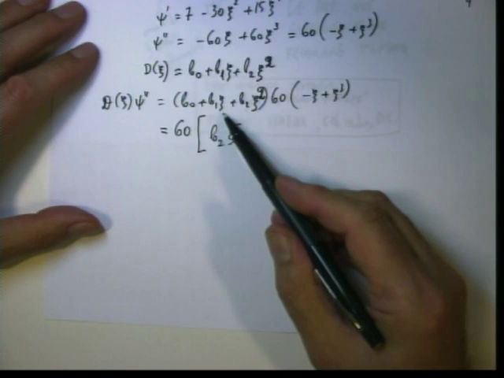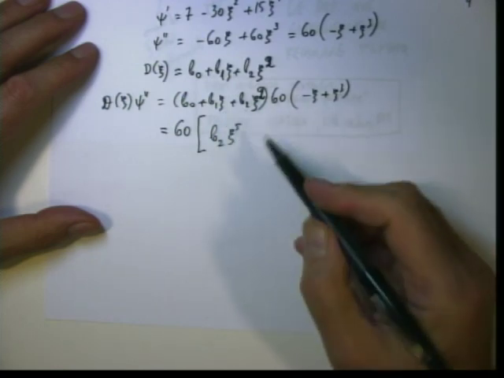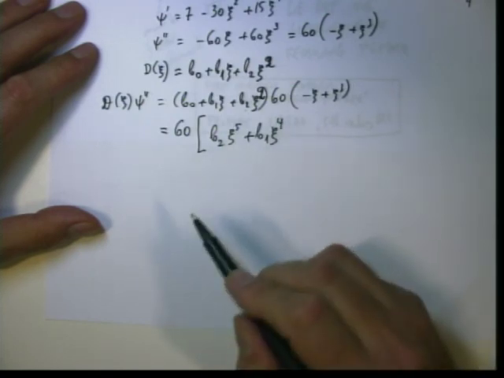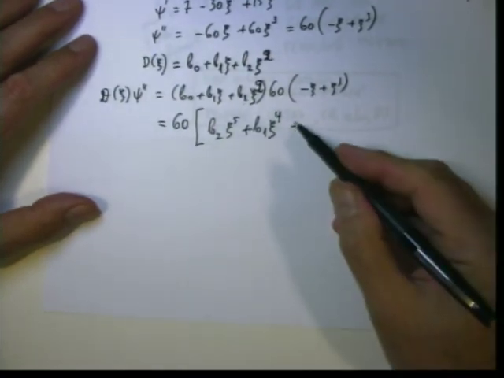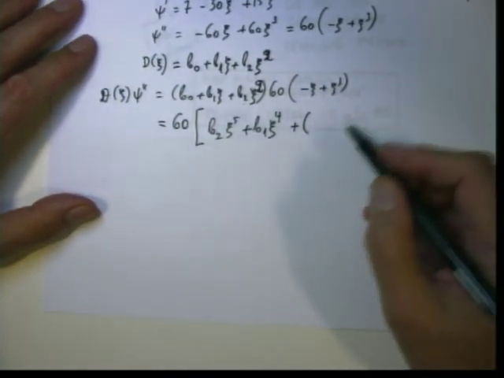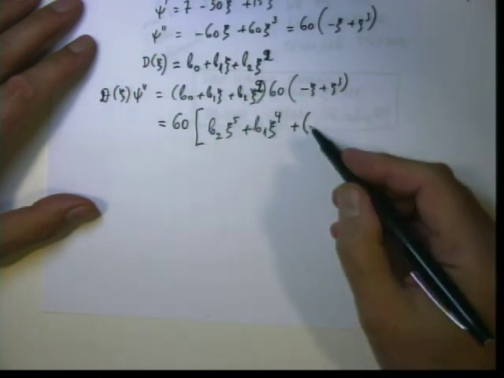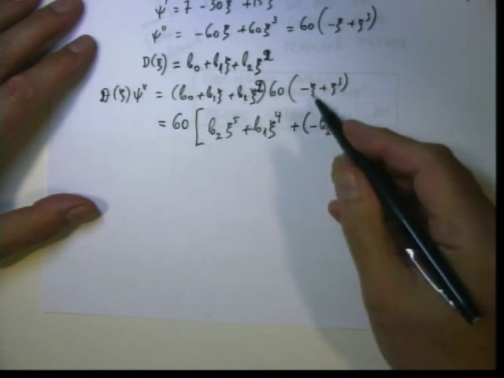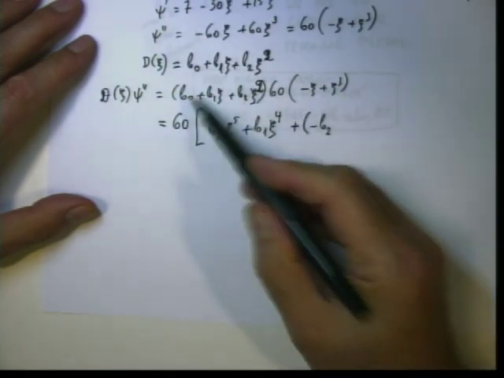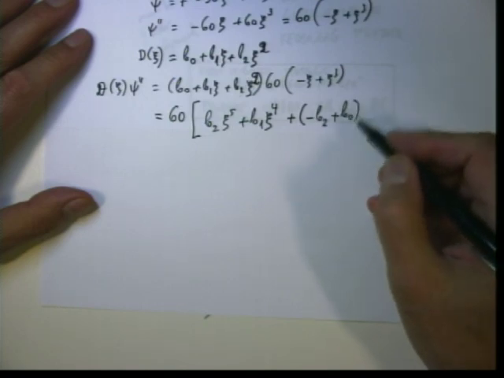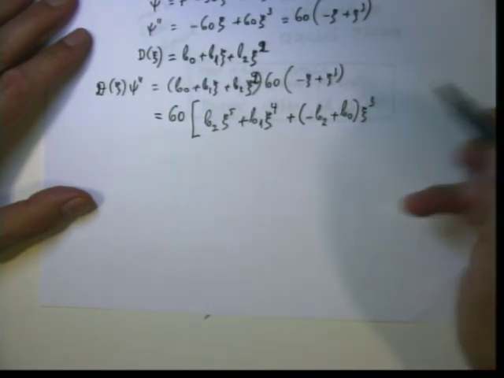Then b1 times psi cubed will be b1 psi in fourth power. Then let us see what happens with psi cubed. This term must be multiplied by this, minus b2 psi cubed, and b0 multiplied by this, plus b0 psi cubed.